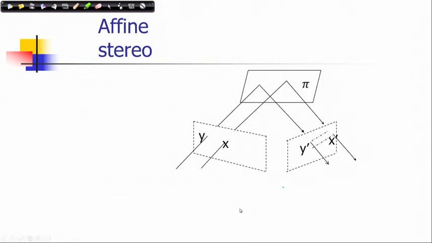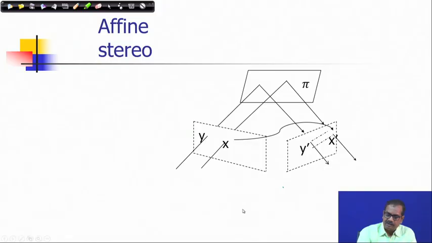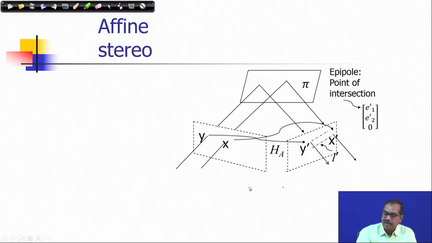So, let us again elaborate this particular property. Consider this affine stereo. X corresponds to x prime, y corresponds to y prime, and there exists a homography between them when all these points lie on a particular plane pi. So, that is the plane-induced homography. And so, the epipole, or point of intersection, is represented as (E1 prime, E2 prime, 0).